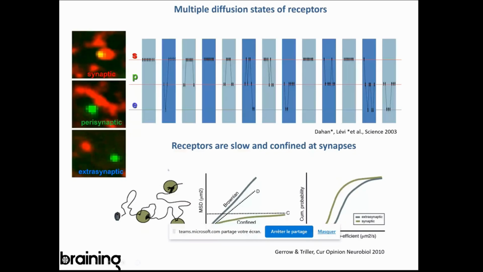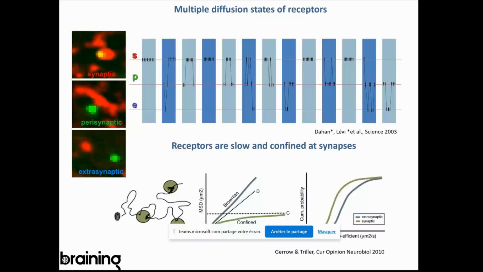You can find this for GABA receptor, glutamate receptor, P2X receptor, whatever receptor you want to look at. It's a general mechanism that happens for synaptic receptors.